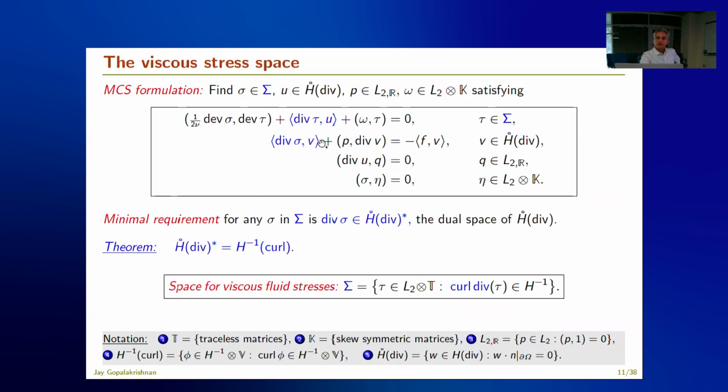And we've already fixated on having the velocity space in this H0 div. So therefore, we must have divergence of sigma in the dual space of H0 div.